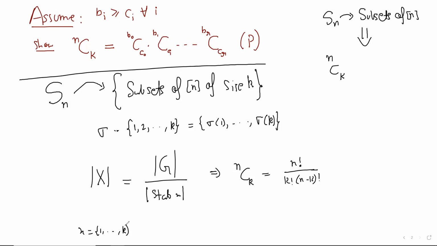Yes, Vaishnavi, say if you have. Right, exactly. So you need those permutations which take this 1 to k subset to itself, not pointwise fixed, but to itself. So that's k factorial, and the rest are free, so that's again n minus k factorial. So these many permutations do it. So we get this formula.